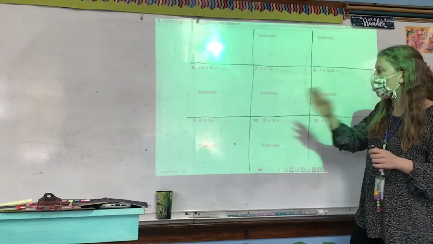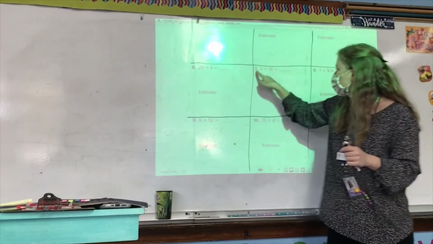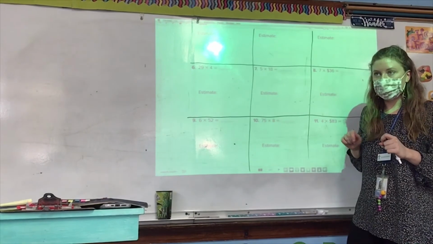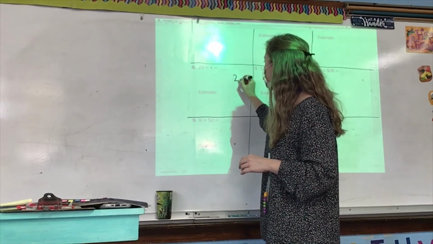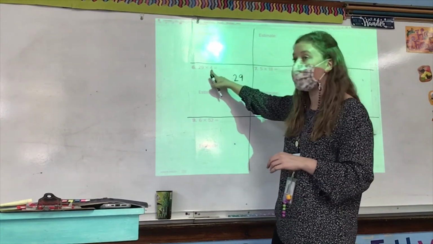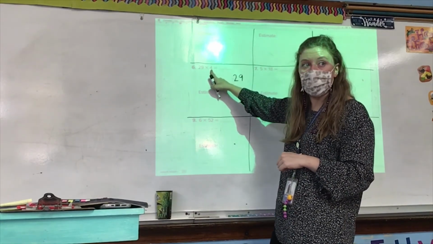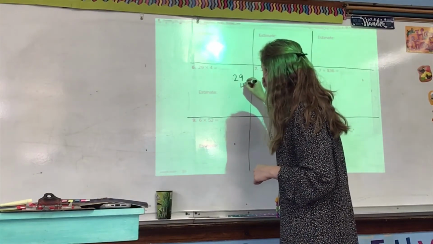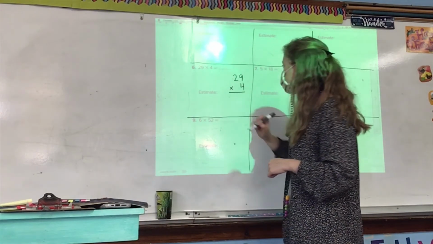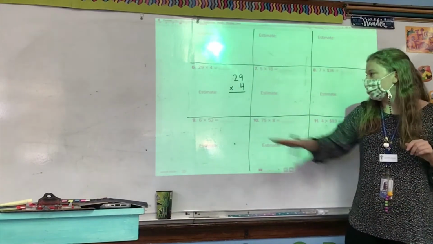Make your line close to each number. Okay, Victoria, so let's write this up and down. We're going to write 29, and then we're going to make sure that this 4, this 1-digit factor, is right beneath the ones place. But now we're going to estimate.